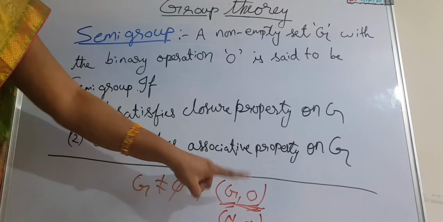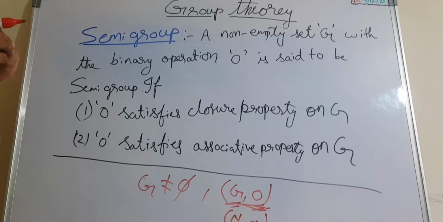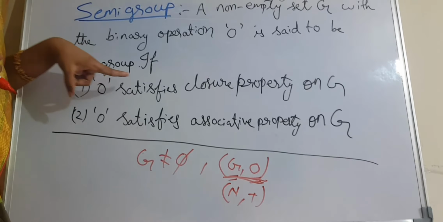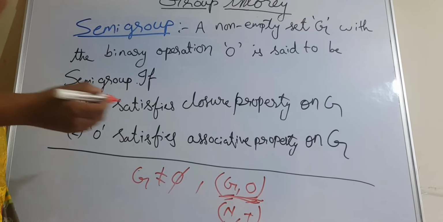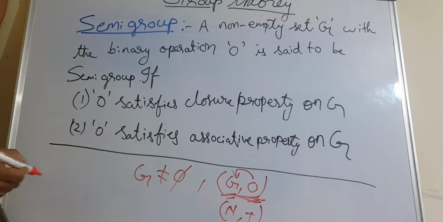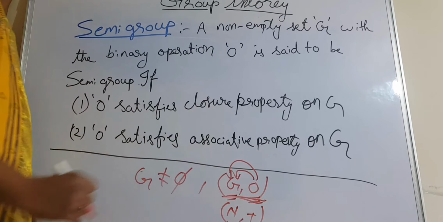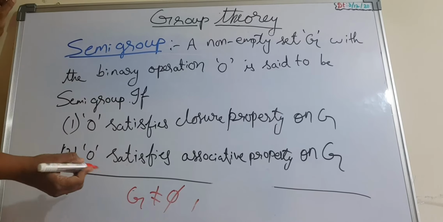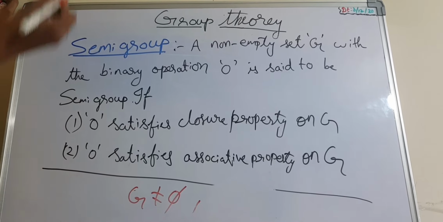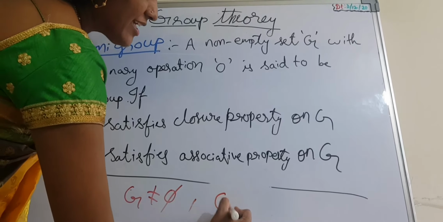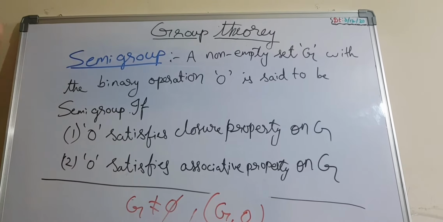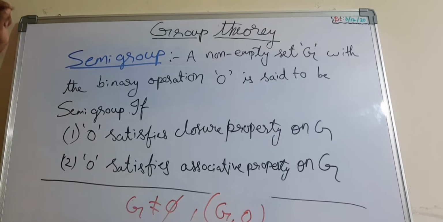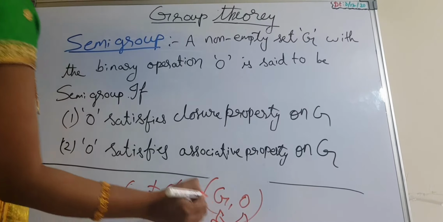We call G circle a semi-group if it satisfies two conditions. First, circle, which is any operation, must satisfy the closure property on G, and also circle must satisfy the associative property. Again I will repeat: G is a non-empty set, and G circle is a semi-group when circle satisfies the closure property as well as the associative property.